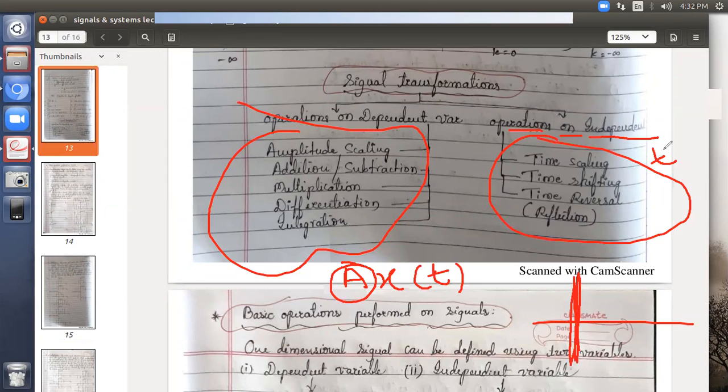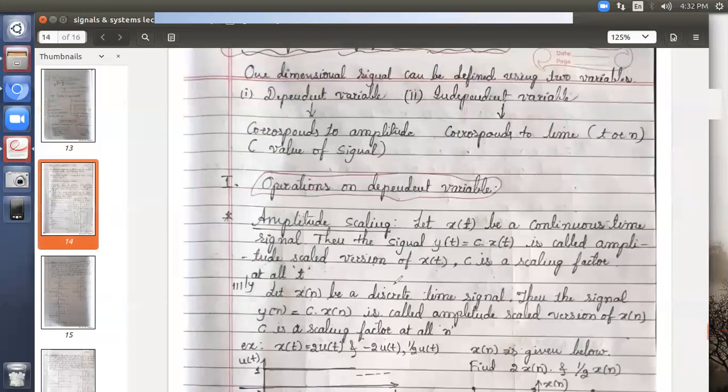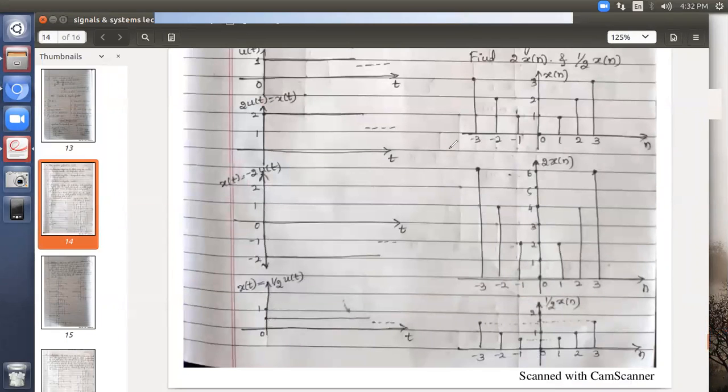But from now onwards, when we discuss operations on the independent variable, we should focus on the horizontal line, time. If you observe the examples I have shown you, we have not touched the time part. The horizontal range remains the same throughout. Whatever operations we have done, the horizontal axis is untouched in all three.